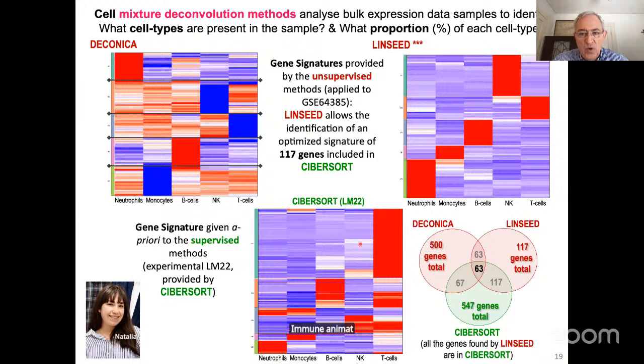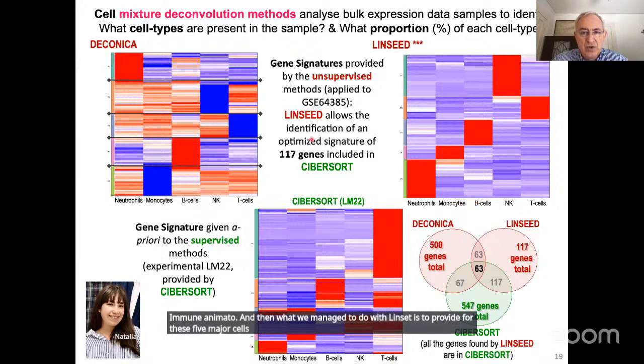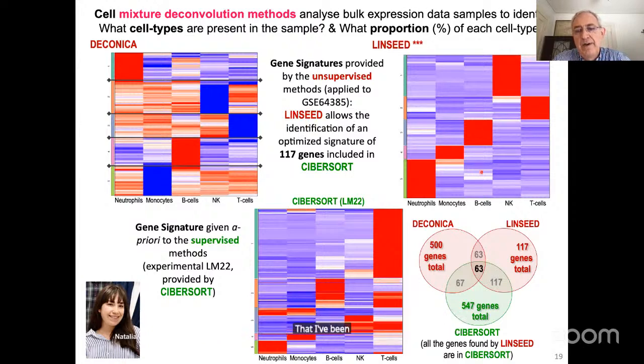And then what we managed to do with Linset is to provide for these five major cells a signature of 170 genes that are better characterized, that are the ones selected by Linset, for these cell types.